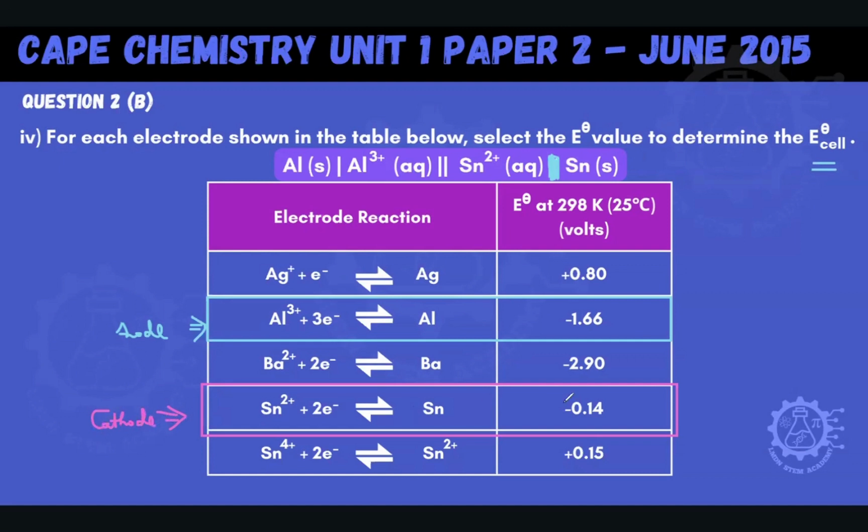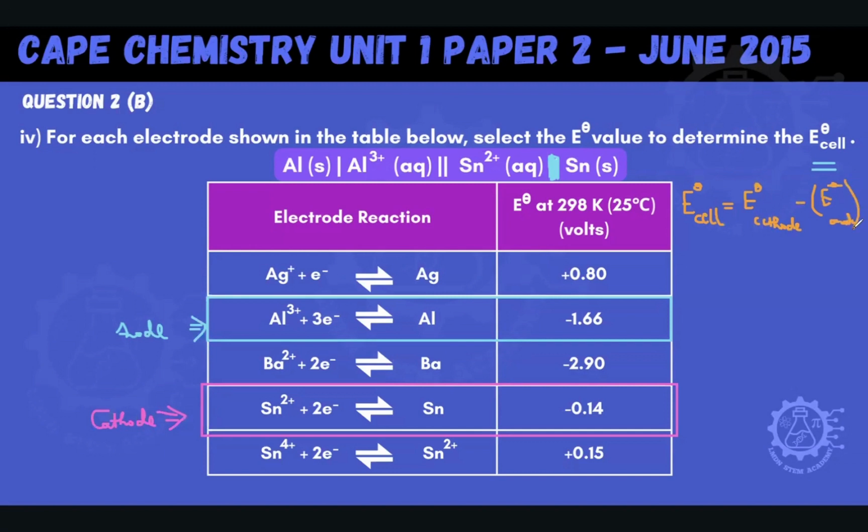All right, so here is what we're going to need to do now. Whenever we're finding E theta cell, which is our standard cell potential, that's going to be equal to the standard electrode potential at my cathode, minus the standard electrode potential at my anode.